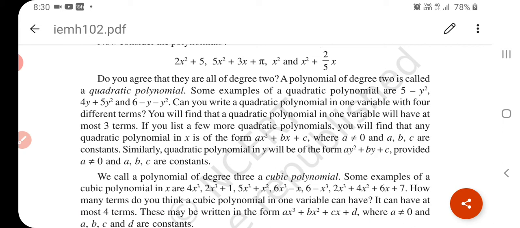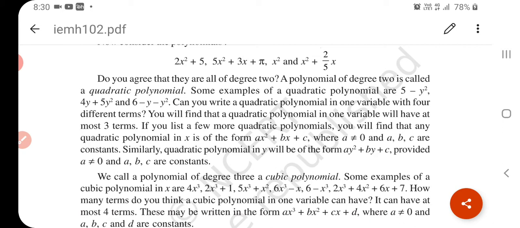Understand? So this is how we form the polynomial. Some particular polynomials in one variable: if the degree is 1, we say it is a linear polynomial. If the degree is 2, we say it's quadratic. If the degree is 3, cubic polynomial, and if the degree is 4, biquadratic polynomial.